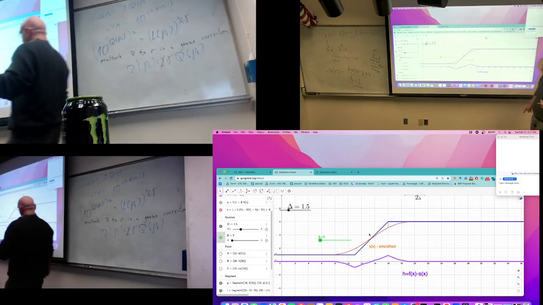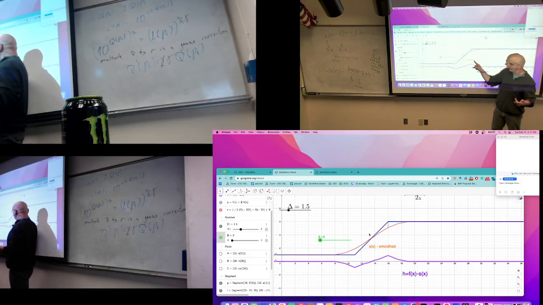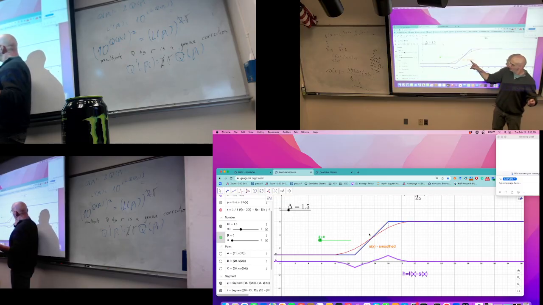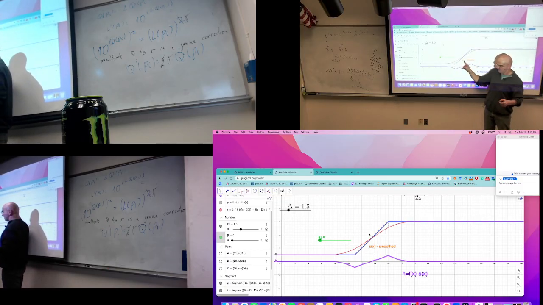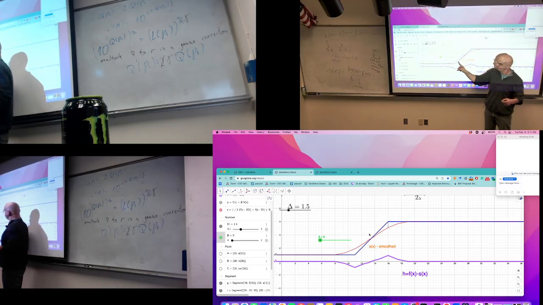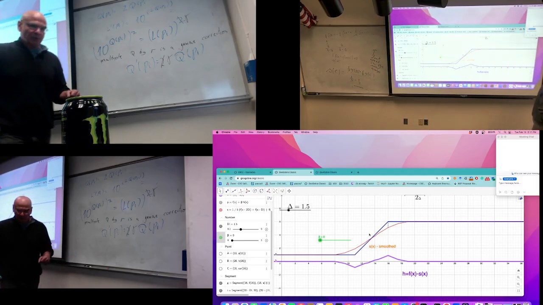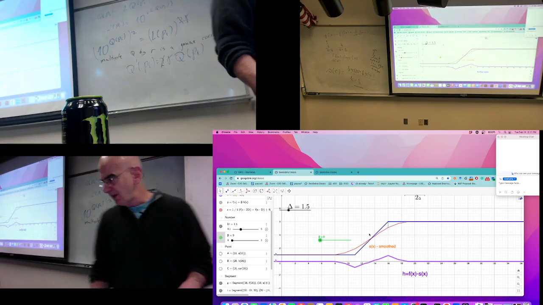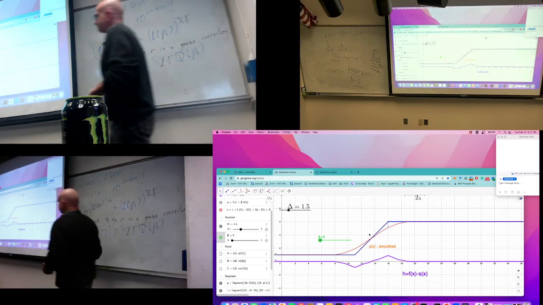Somewhat paradoxical. I look at S of x, which, just like before, I compute for every x. The smoothed value of x is, for every x, look at 1 or 2 neighbors to the left, 1 or 2 neighbors to the right, sum them all up, and that's a value for every x.